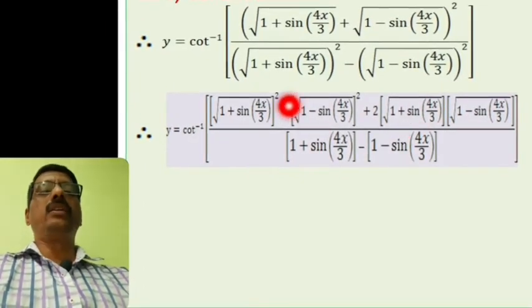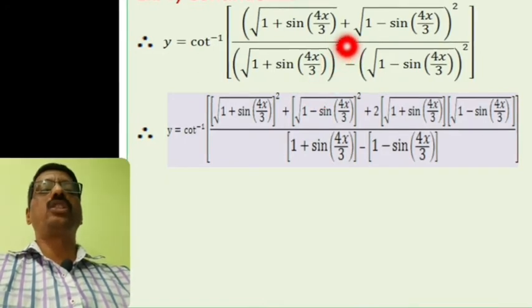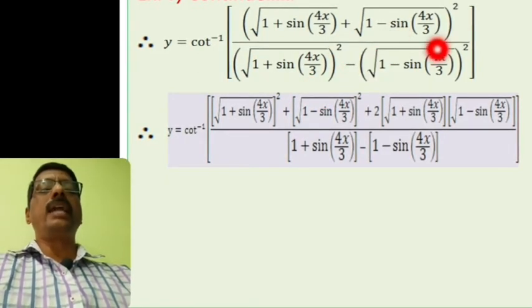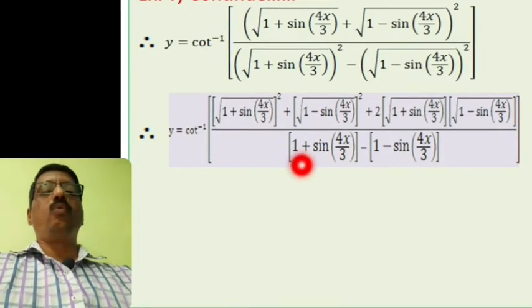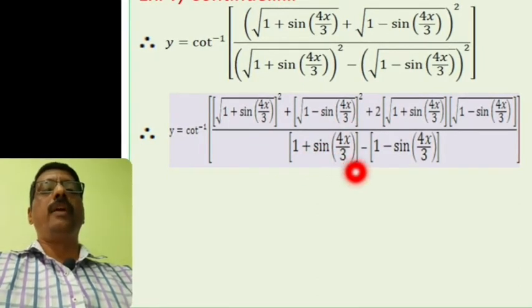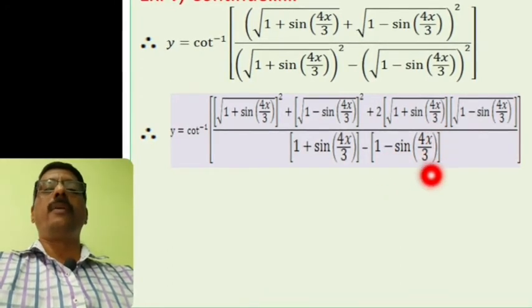In the denominator, root of 1 plus sine of 4x upon 3 bracket square. Here square and square root cancel in both terms, and therefore remaining in the denominator is only 1 plus sine of 4x upon 3 minus bracket 1 minus sine of 4x upon 3.